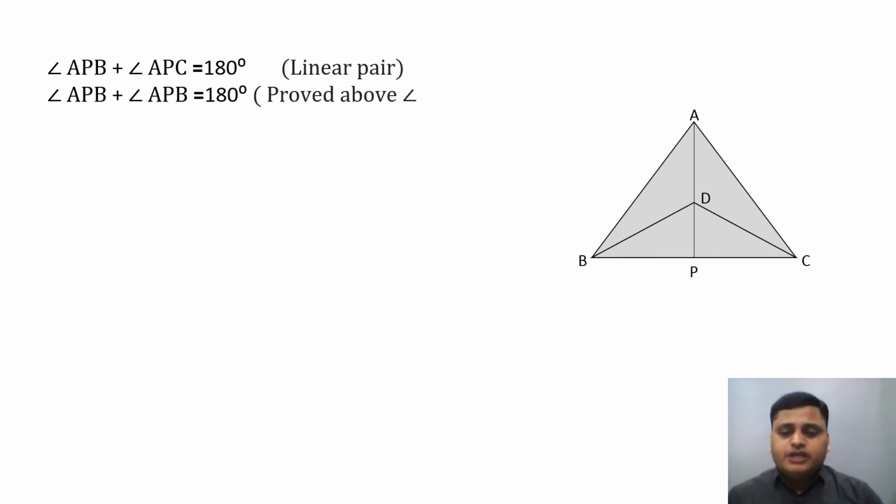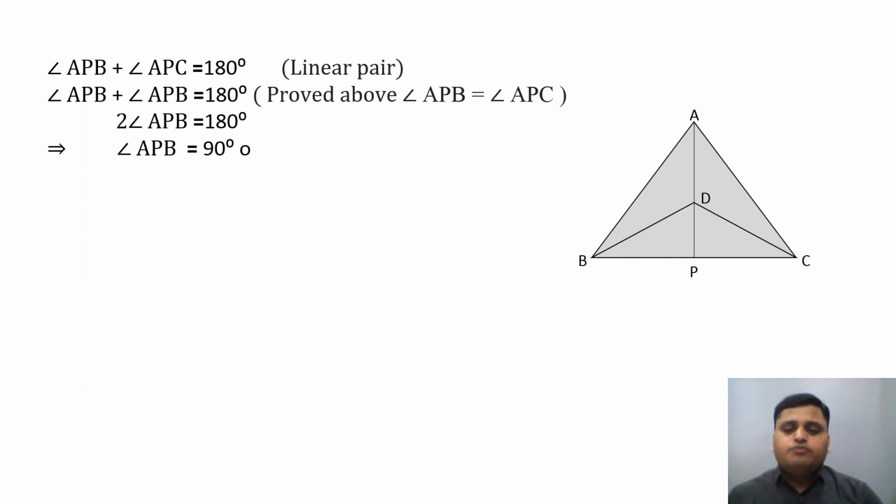So their sum will become 180 degrees. So 2 angle APB is equal to 180 degrees. It means that angle APB will be equal to 90 degrees. It means that AP is perpendicular to BC, which is also equal to angle APC. This is equation number 3.